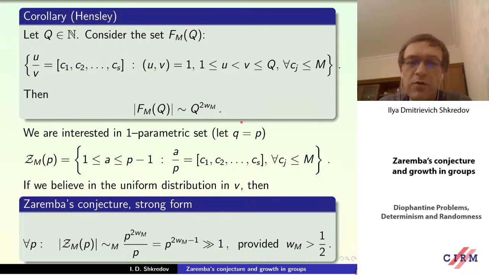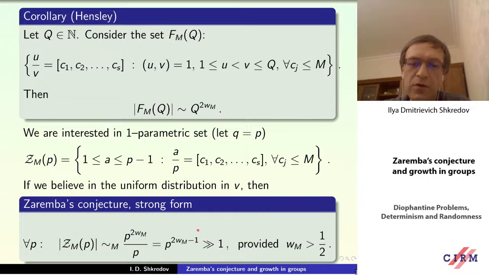But nevertheless, from this point of view, we can look at the Zaremba conjecture as a question about a one-parametric set. So now we fix the denominator, say a prime p, and a runs from 1 to p minus 1, and we again want to find a such that all partial quotients are bounded by some constant. So if we believe in the uniform distribution in the denominators, then we need to just divide the previous bound by the number of denominators: p to the 2 w_M over p.